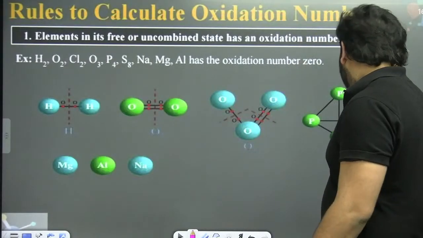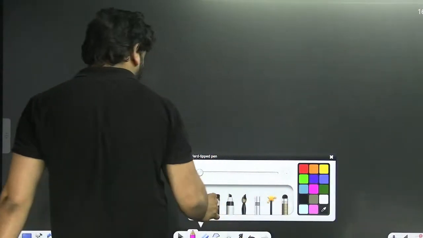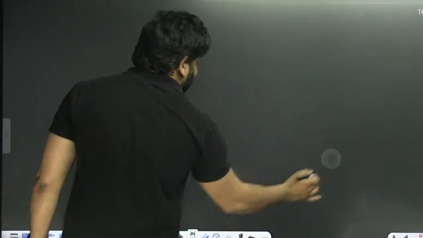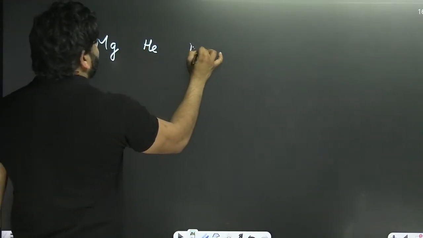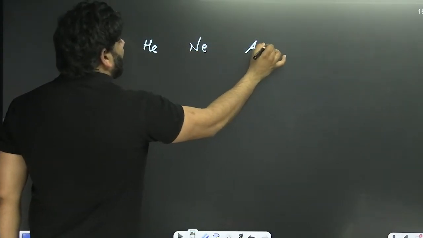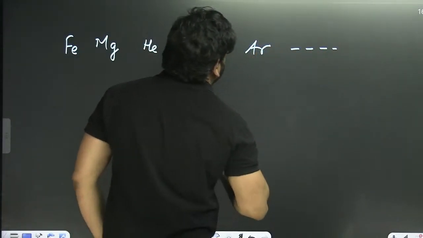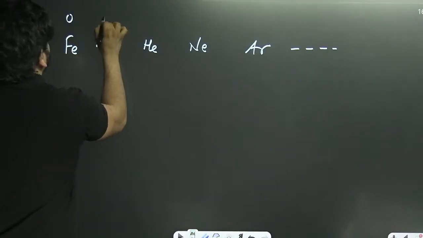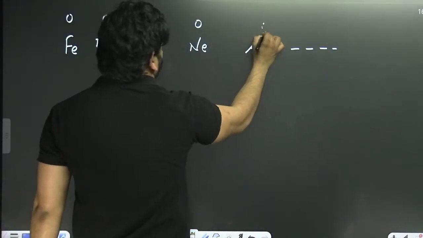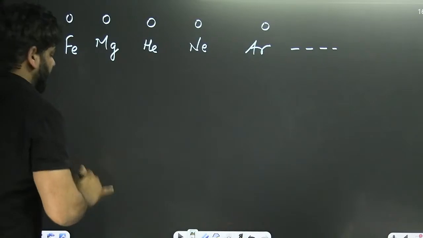Let's say I simply write iron, magnesium, helium, neon, argon. These are all monoatomic elements, and we have the oxidation state as 0, 0, 0, 0, 0, 0. It's very simple to explain.